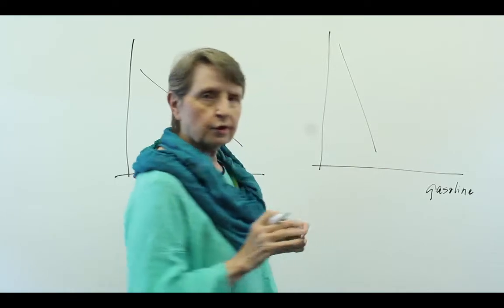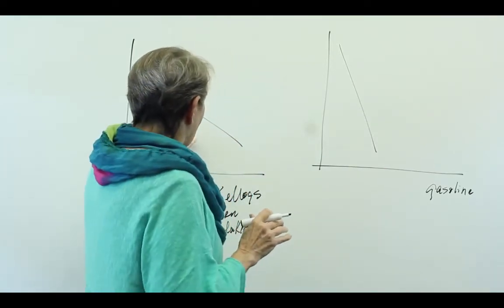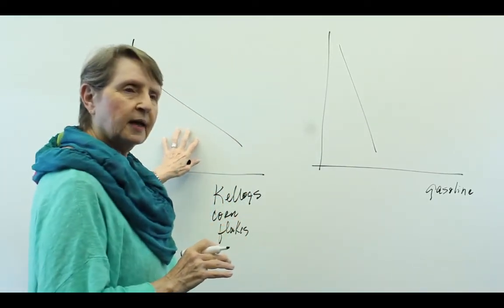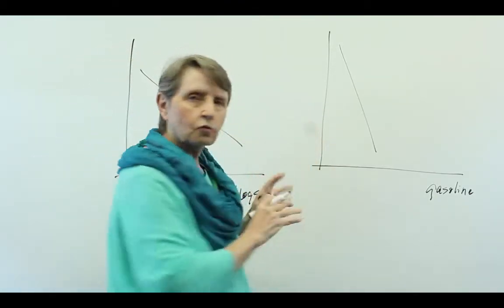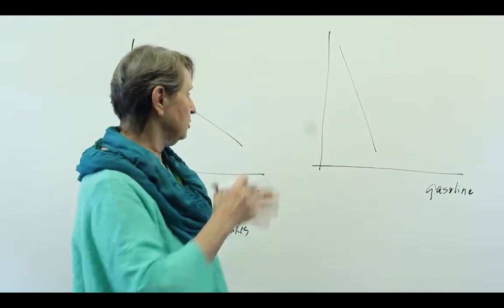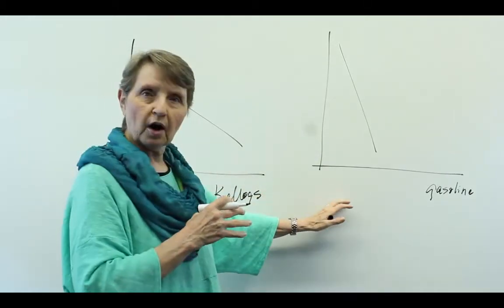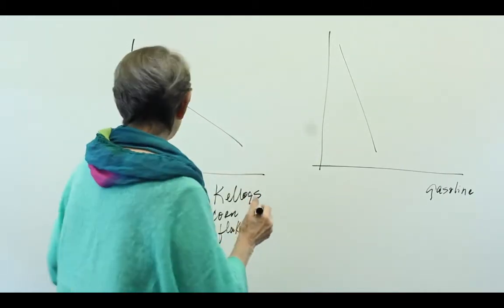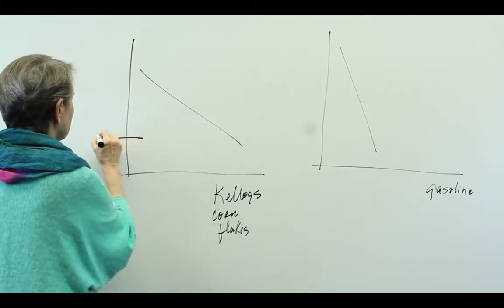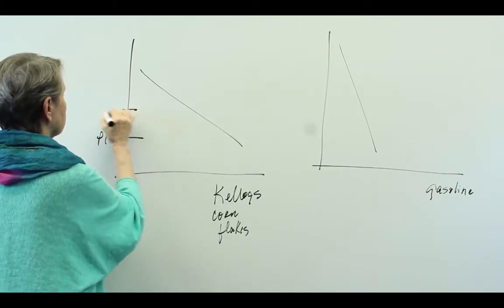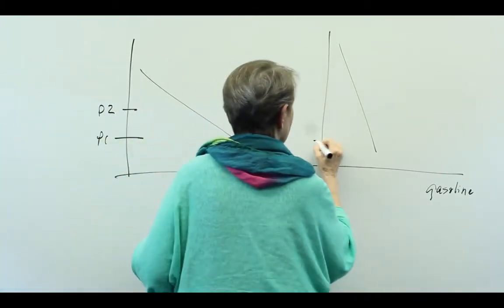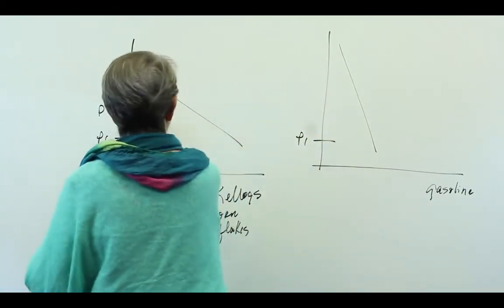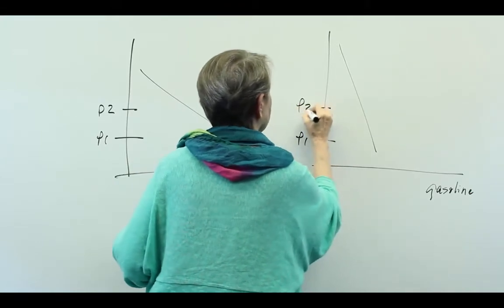Now, the question is, how much will quantity demanded decrease if we increase price? So what we want to do is look at the difference in responsiveness to these two products when the price increases. Let's just say the price increases from P1 to P2, and I want to use those same prices over here, P1, P2.